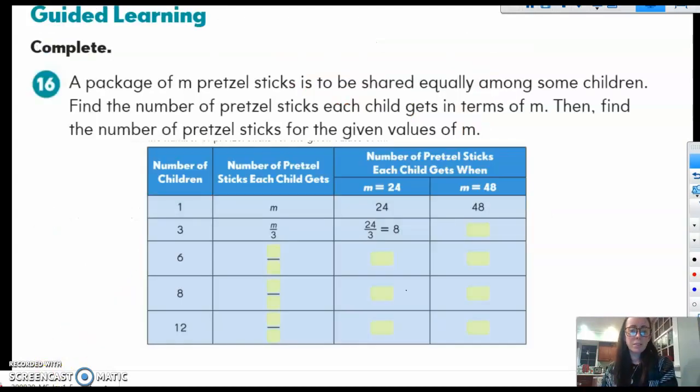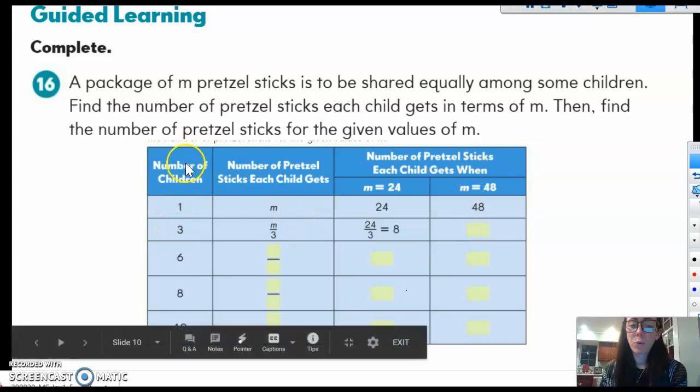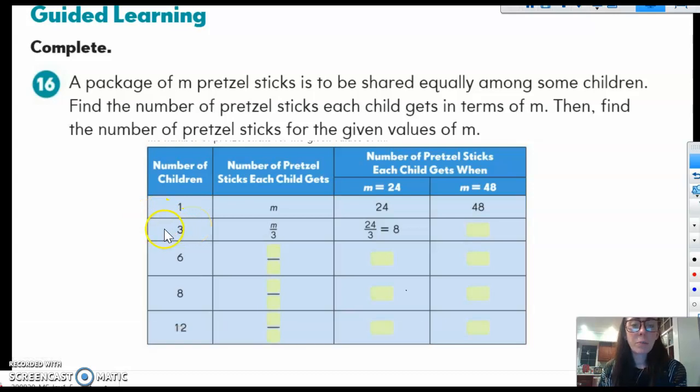Okay, so another slide that I'm going to be asking you to complete after you watch this video is what you see right here. So basically what you are going to be doing is working column by column. You're starting with your number of children, and basically we're looking at a package of m pretzel sticks being shared equally among children.